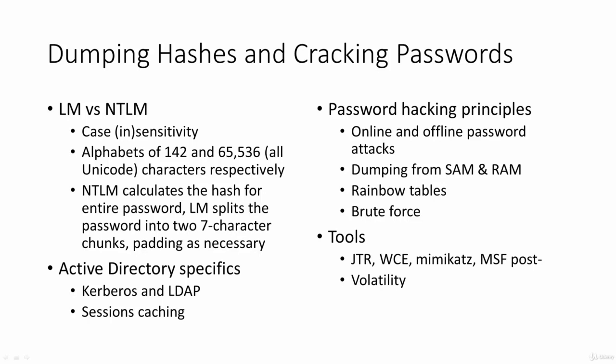Okay, so every time you enter a string into Windows, into a Windows utility that creates an LM hash and stores it in some database, the program splits your entered value into 7 character chunks, and then if the last chunk is shorter than 7 characters, it just adds some padding, and it hashes all these chunks separately and then concatenates the values.